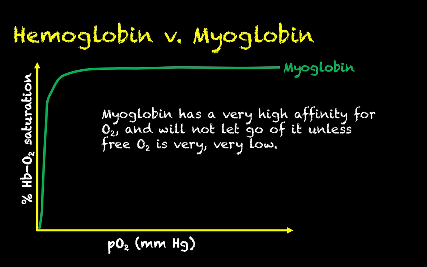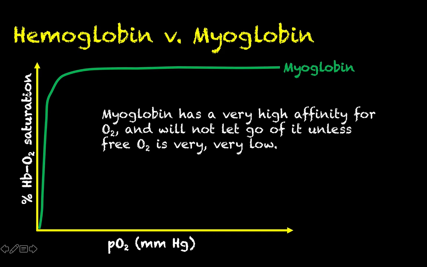So this is very interesting because if we compare the oxygen binding curve of myoglobin to hemoglobin, for myoglobin you can see that myoglobin has a very high affinity for oxygen because its curve is pushed almost entirely to the left. So we can see here that at even very low levels of free oxygen, almost 100% of myoglobin will be bound to oxygen.